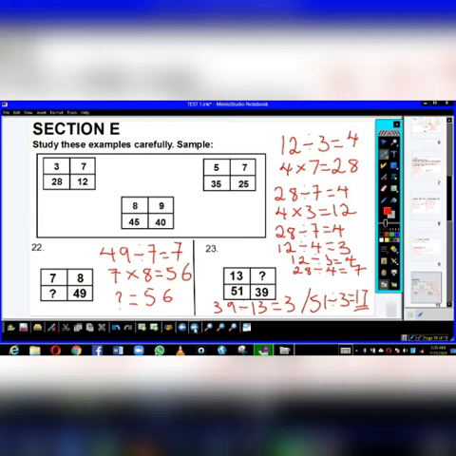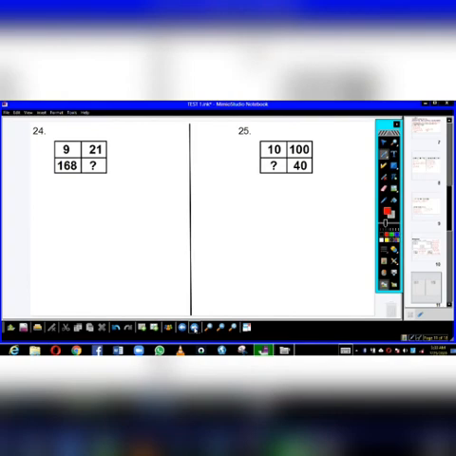Now let's proceed to number 24. How do we find the value of the missing number in 24? We'll say 168 divided by 21. Now it's simple.